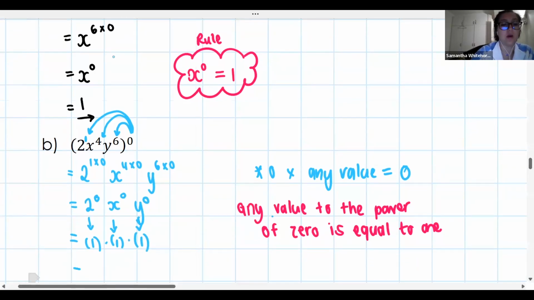And we then know that 1 times 1 times 1 is just 1.